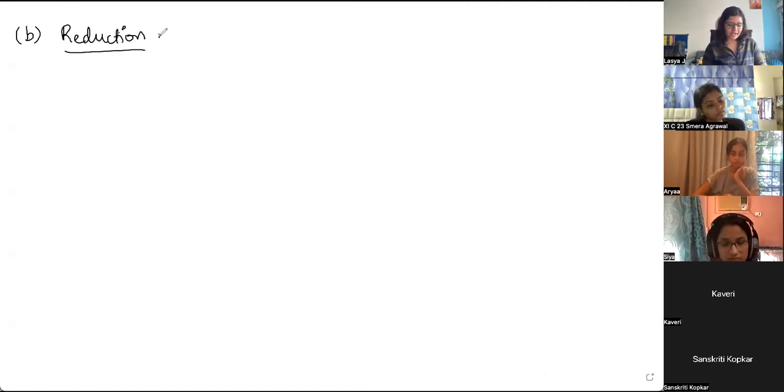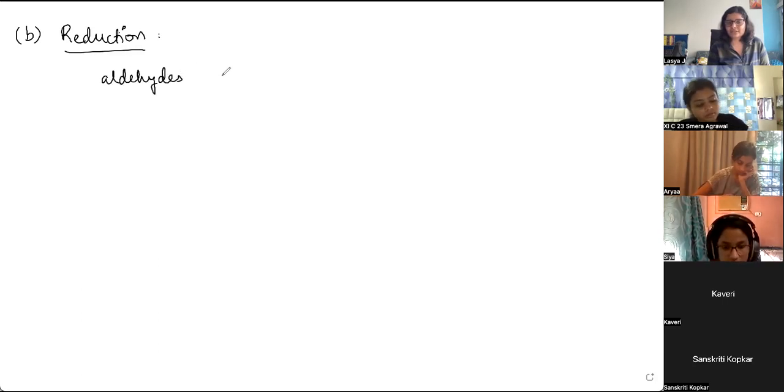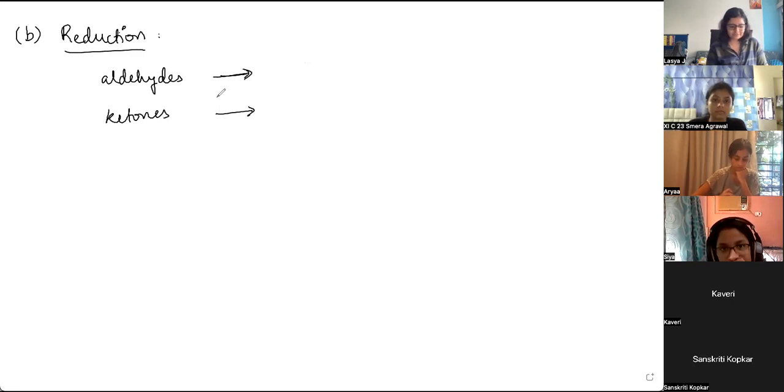So if nucleophilic addition was the first one, this would be the second set of reactions, reduction reactions. So what do you get when you reduce aldehydes and ketones? On reducing aldehydes, you get alcohol.